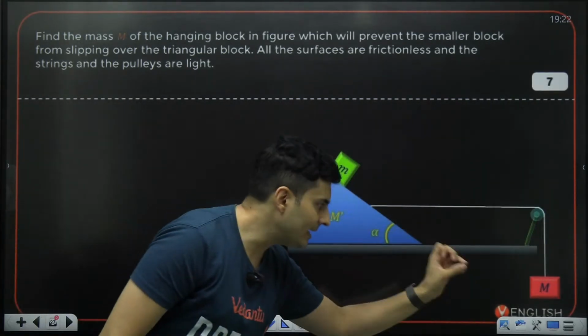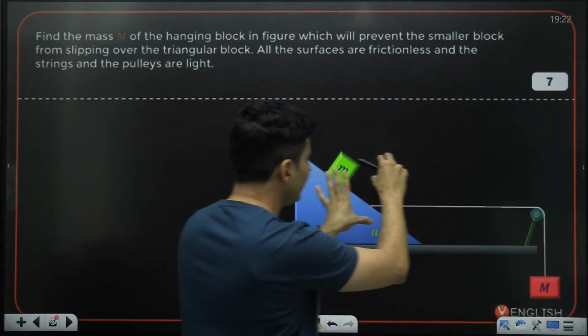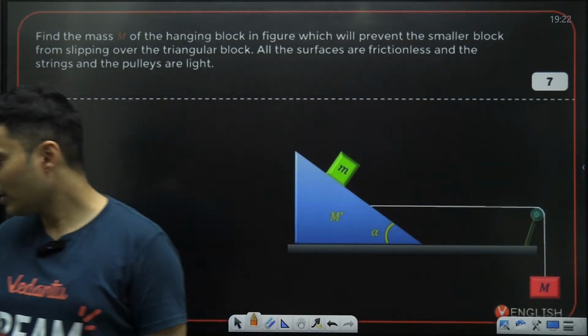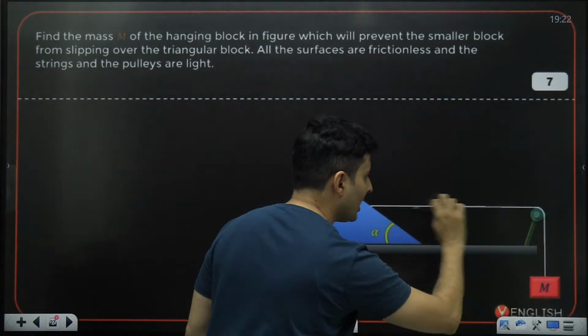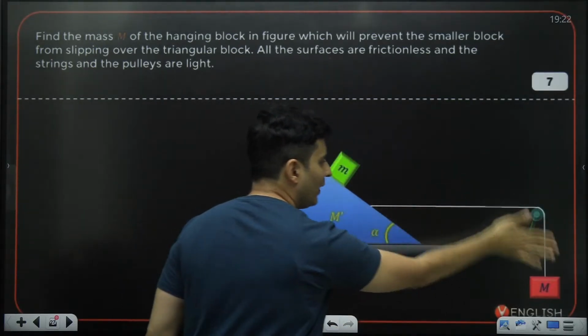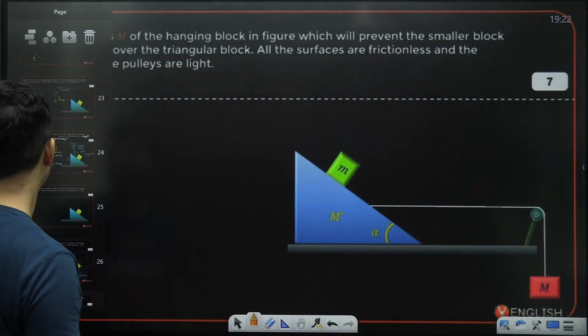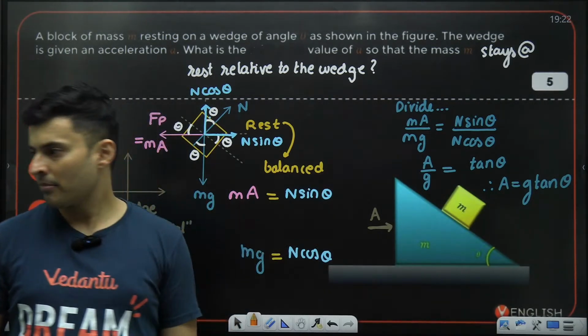Okay, so you have to attach exactly some mass so that this mass moves with this wedge over here. That is the question. Now tell me one thing. Forget this mass, this pulley and this string. If you forget that, does this diagram look very similar to this diagram?